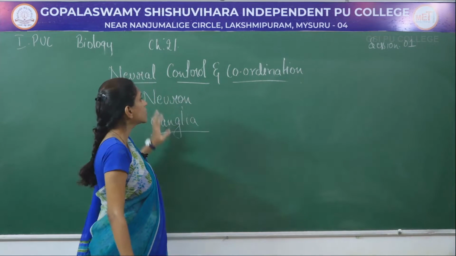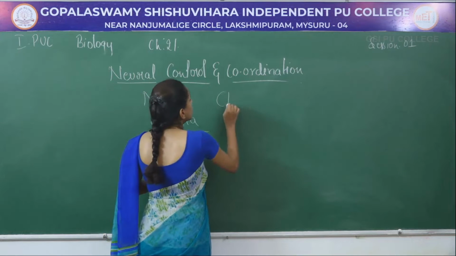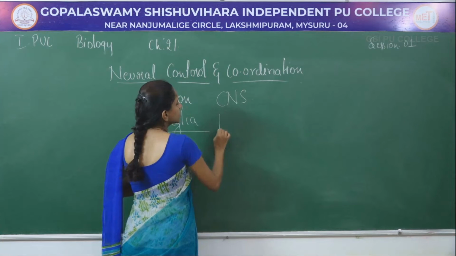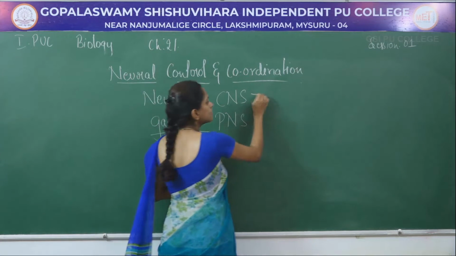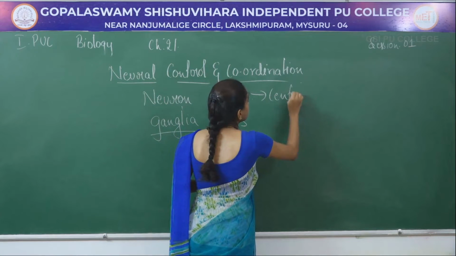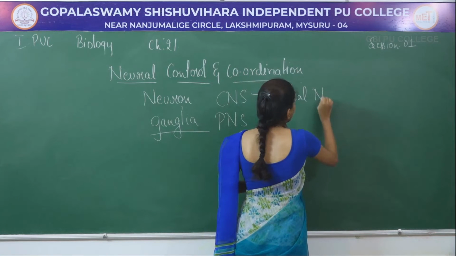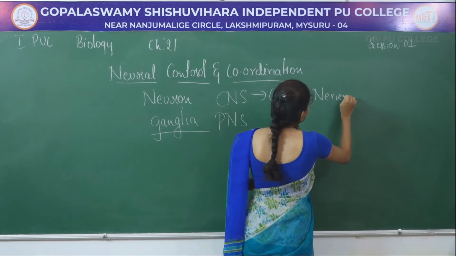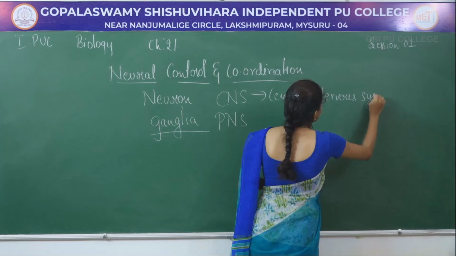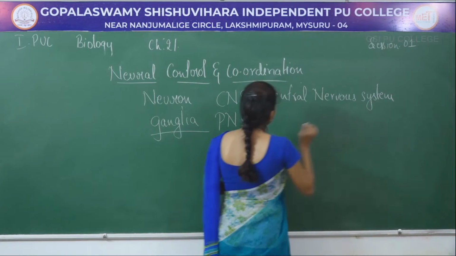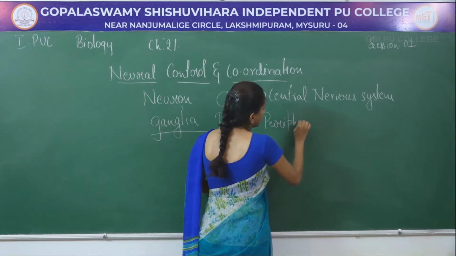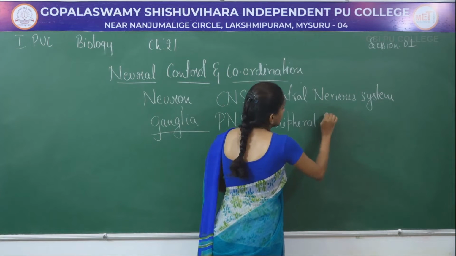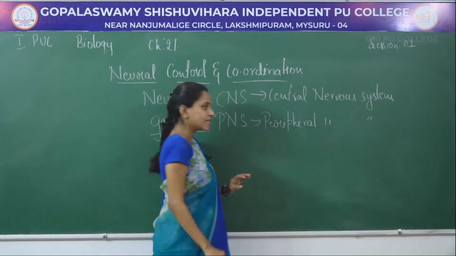When it comes to control and coordination, the human nervous system is divided into two different types, that is central nervous system and peripheral nervous system.